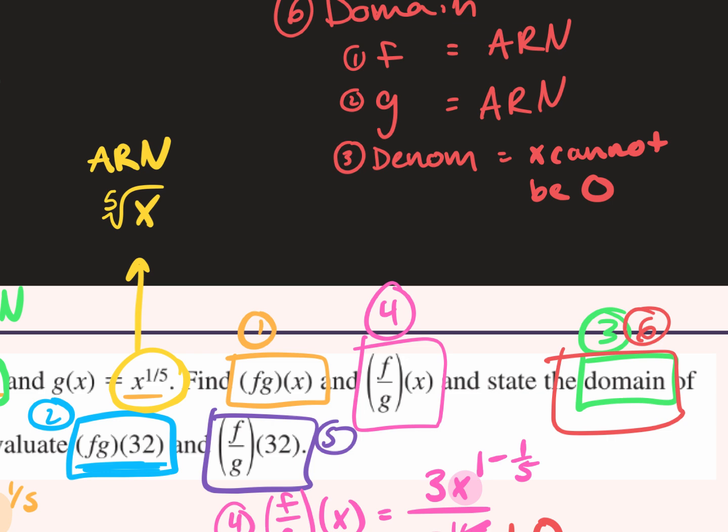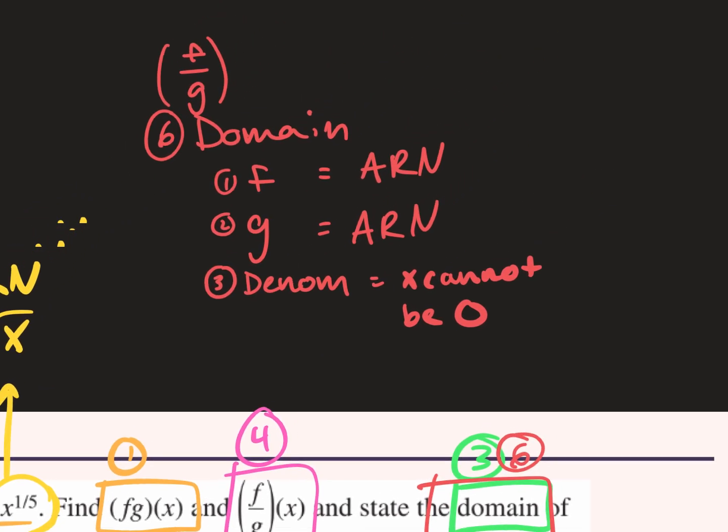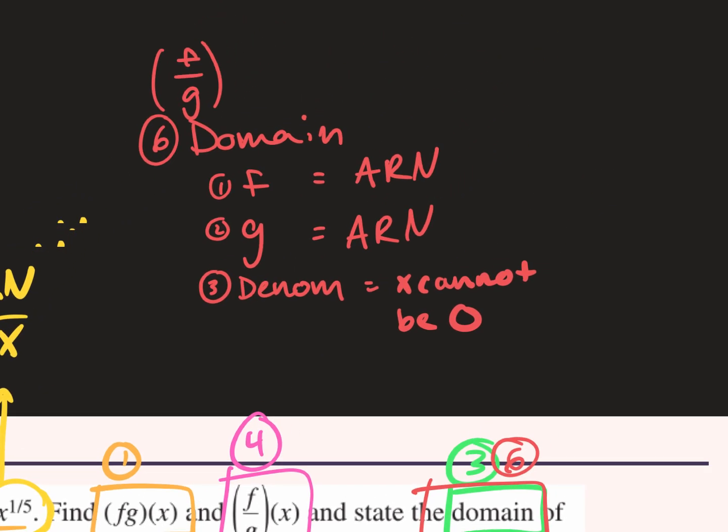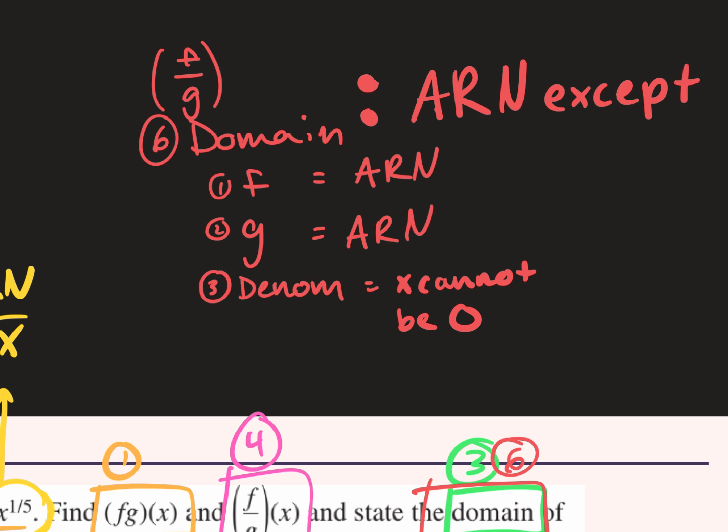So then we have 0 in our denominator. So for our domain, what would overlap here? All real numbers, and everything but 0. So everything but 0. So our domain for the whole thing, you can say all real numbers except 0.